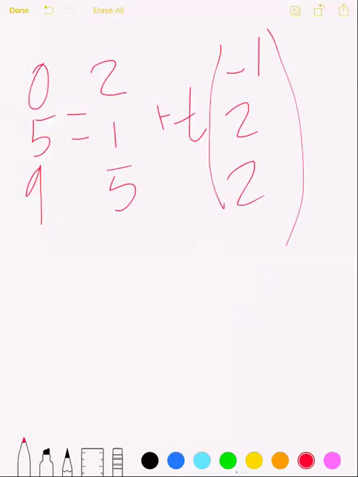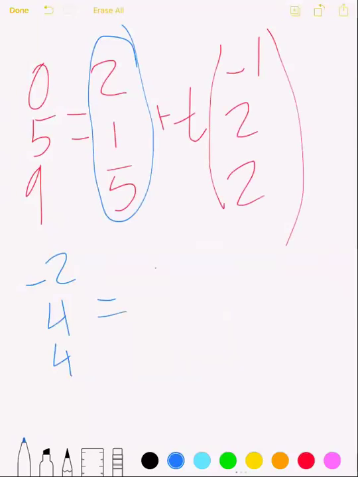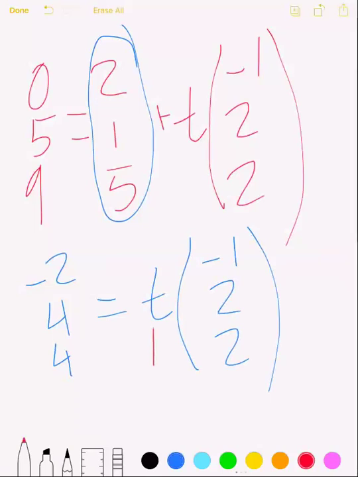If I move my A to the other side, I would now have -2, 4, 4 is equal to t times -1, 2, 2. Is there a t value that is the same for every row that would make this true? 2. Yeah, so if we made t 2, then we would get the other side, which means that yes, it would lie on the line.